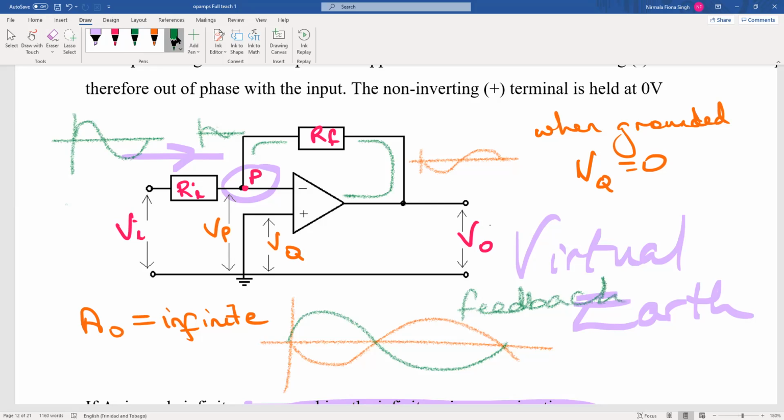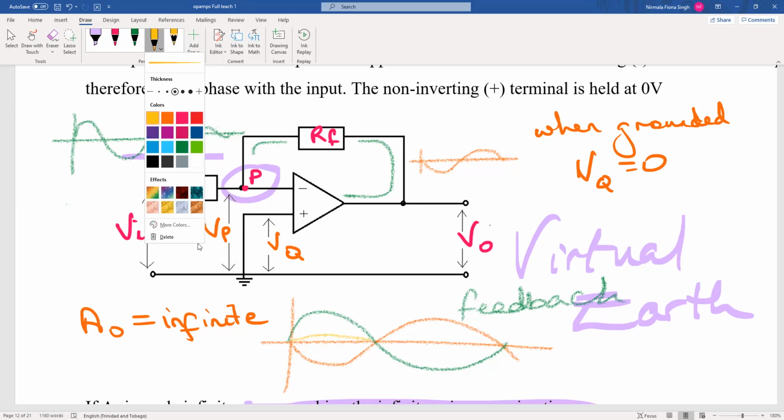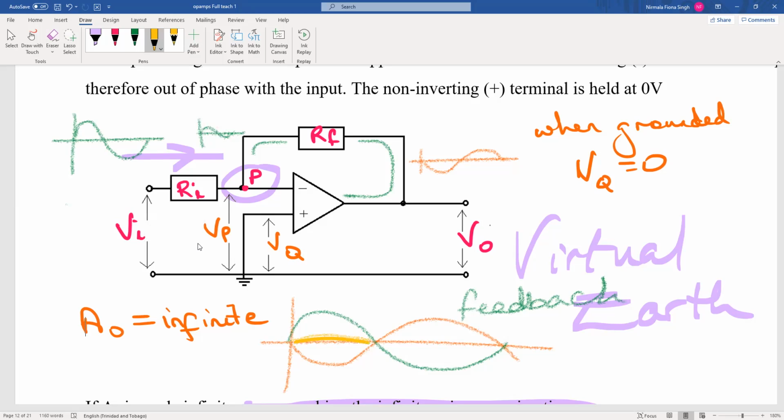My overall new voltage is going to be teeny tiny, basically near to zero. So I'm going to have this tiny little voltage now going into my amplifier. So what happens at P, my two voltages combine and basically cancel out each other. I'm not saying that it has been, but it is virtually Earth.